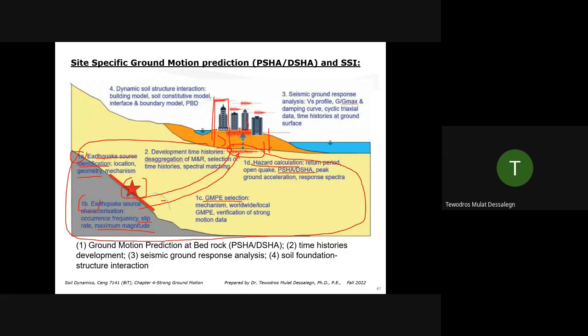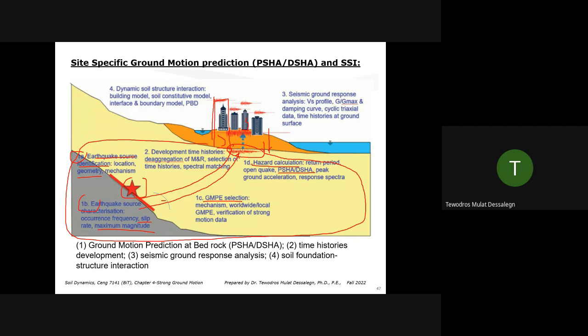You have to develop it on your own by considering all the sources. For example, in the nuclear power plant case I told you, we cover 300 miles. That's about, I think, 500 kilometers radius. Within that radius, we identify all the source zones, the data, and do the attenuation. And it takes years to do that.